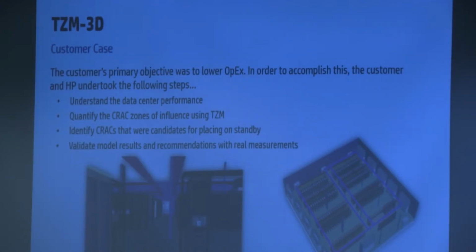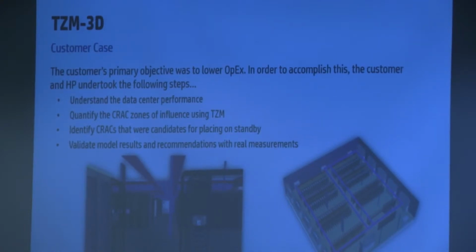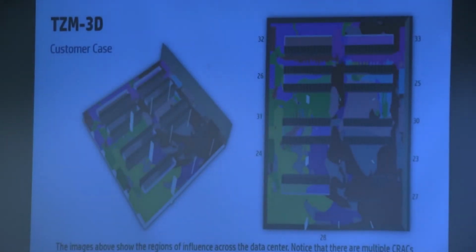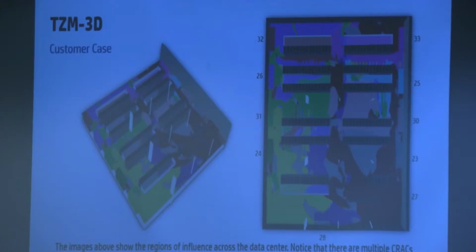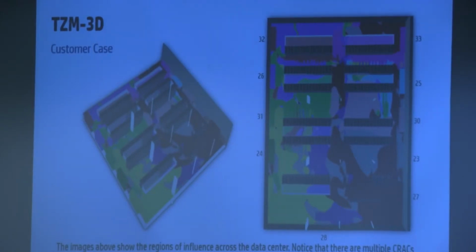This design is a cold aisle containment. Even though it has a raised floor, they seal the cold aisles, so they have perforated tiles, but the cold air goes only in front of the servers. One of the things we did was a CFD analysis.